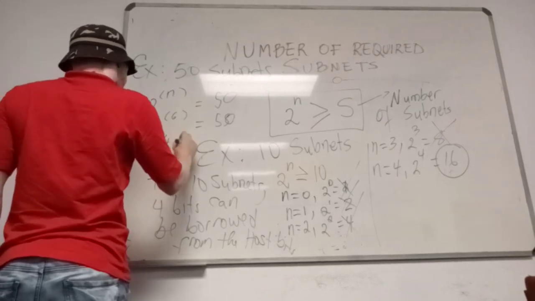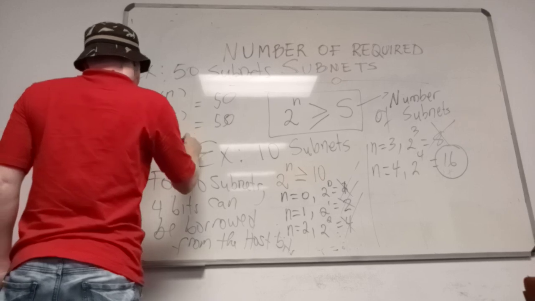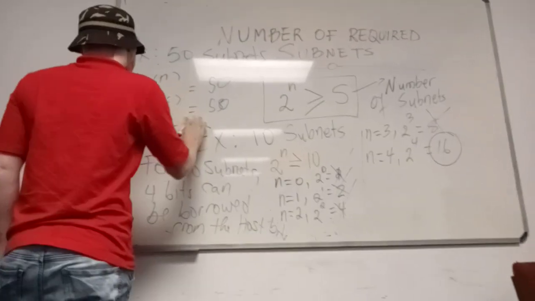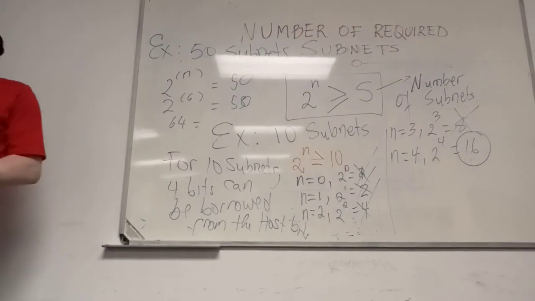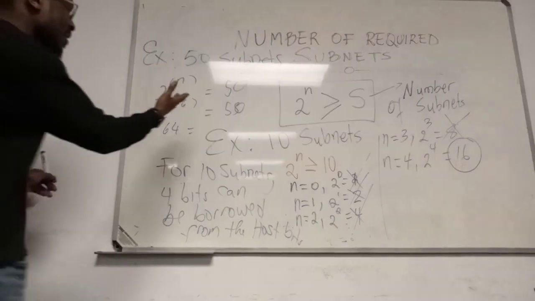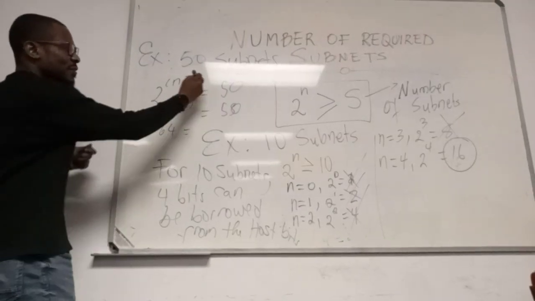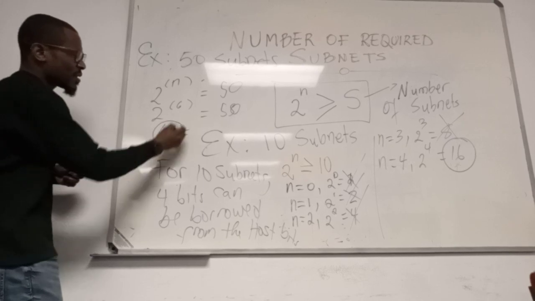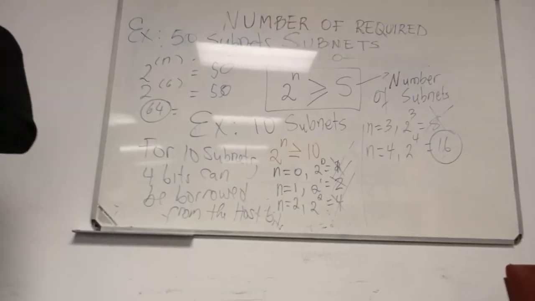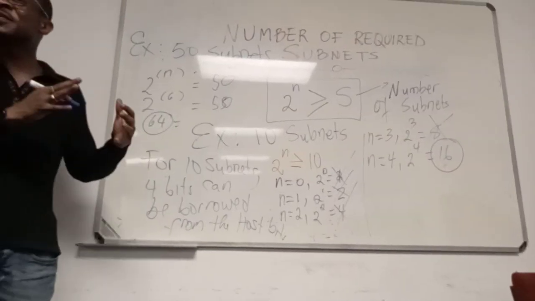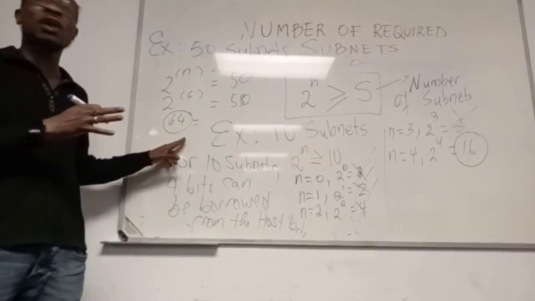Okay, 64. At least it's fine, it's greater than 50. So you have 50 small networks and the extra ones, they are 14.